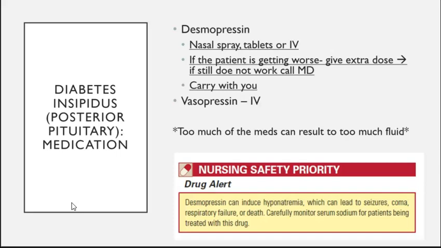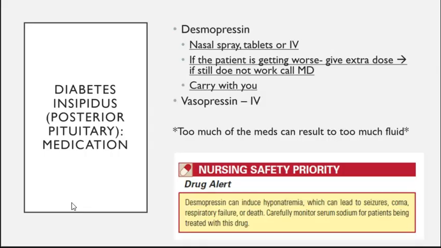But we have to be very careful, because if we give them too much desmopressin or vasopressin, we're going to be adding too much water. We're putting too much ADH in them, and then we're adding H2O to the cell, so that's going to put them in fluid overload. That can induce hyponatremia. So if they don't have fluid and they're peeing everything out because they don't have ADH, they're going to be hypernatremic.